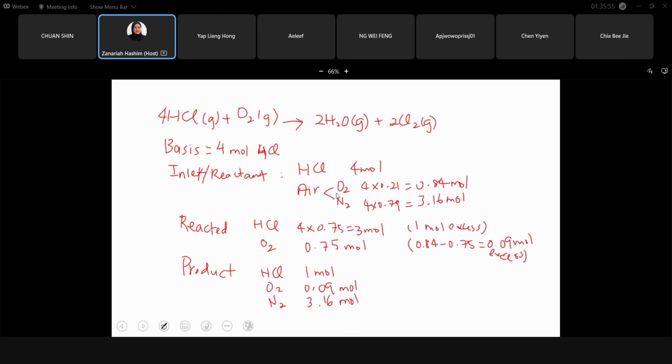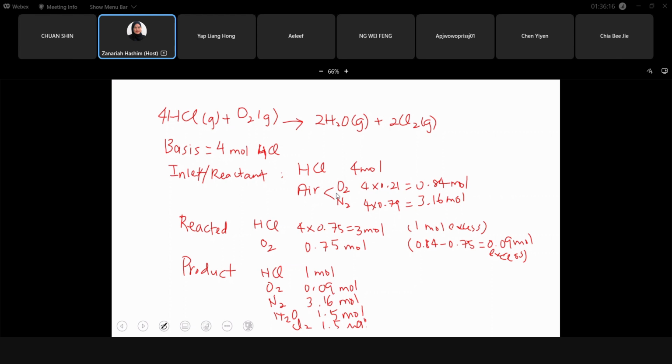And then you have H2O produced from the reaction, which is 2 times 0.75, so that means 1.5 mole. And also Cl2 1.5 mole.